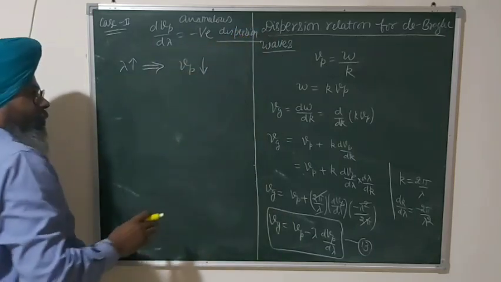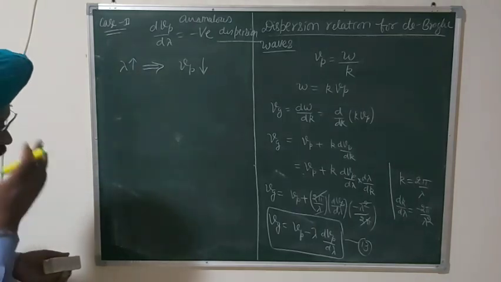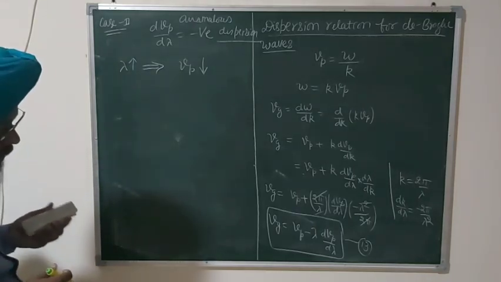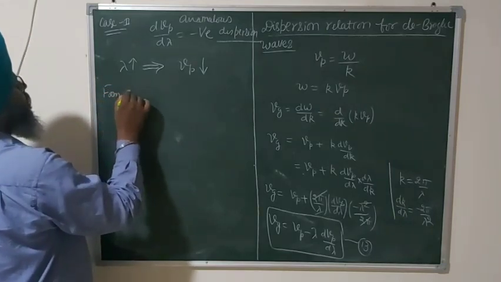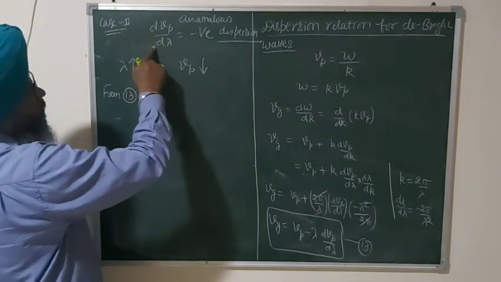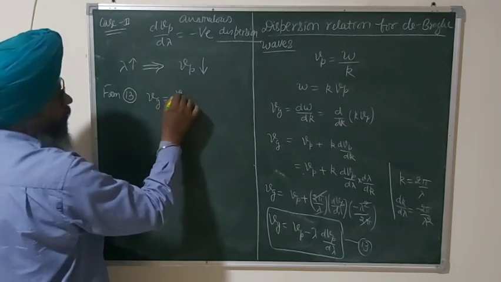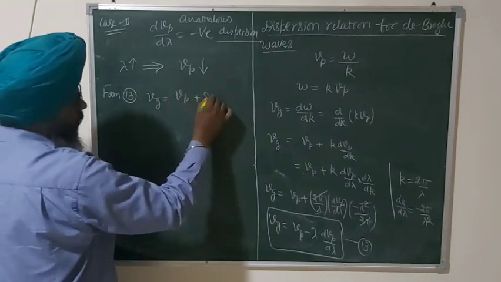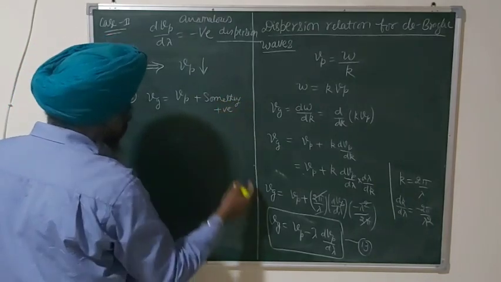Now if de Broglie waves show anomalous dispersion, what would we get from 13? From 13 we see that since dVp by d lambda is negative, therefore Vg will be equal to Vp plus something positive. Why?